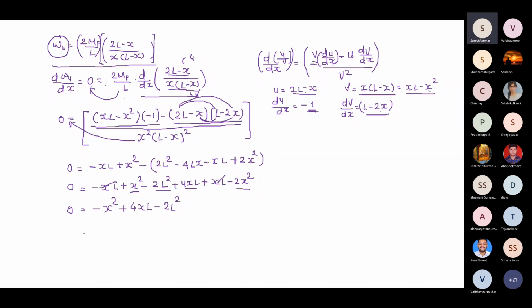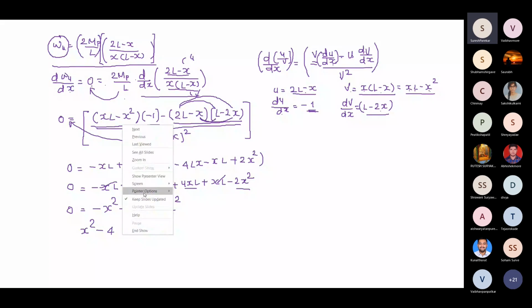And we will rearrange the terms. So we have x square minus 4xl plus l square equal to 0. And now we have to solve this quadratic equation. Now just solve this and tell me the value of x.